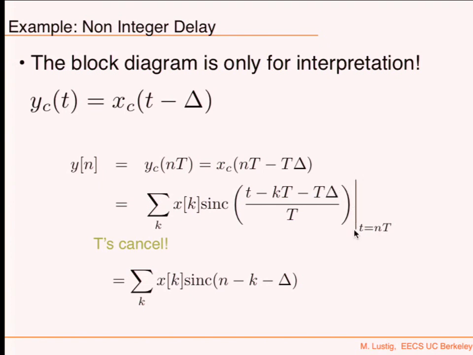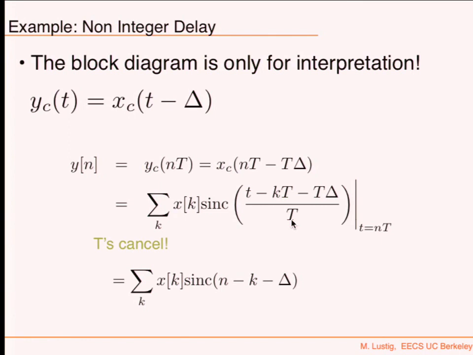That's when I evaluate for t equals nT. So I take the continuous-time sinc and I evaluate it at times n times T. If you have nT, kT, and T times delta, divided by T, the T's don't matter. The sampling rate doesn't matter.